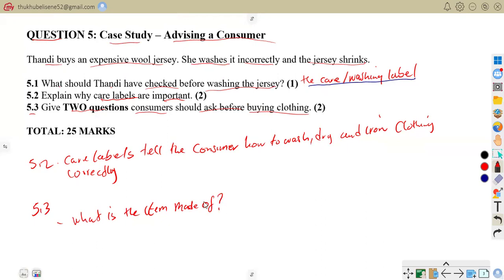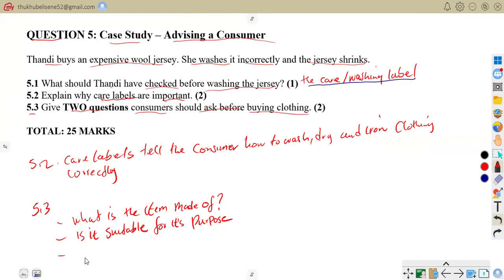So this tells the consumer which fibers are used. The other question is, is it suitable for its purpose? This ensures the fabric will work for its intended use.